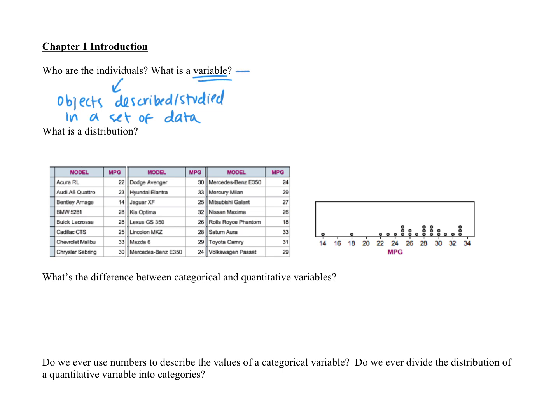And then a variable is an attribute that can take different values for different individuals. Key word here that's important is can.